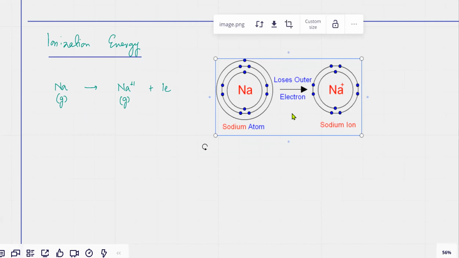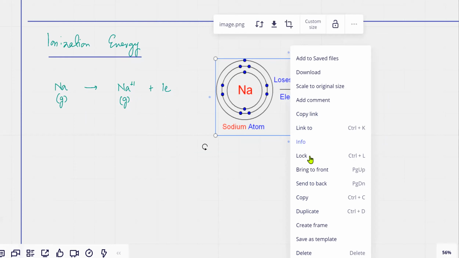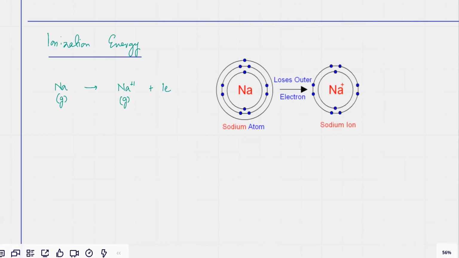I said this is our sodium atom trying to lose one electron. So one electron is lost, and it turns into an ion. And it's a gaseous sodium atom. What gaseous means is that it's an isolated sodium atom, not bonded to anything, not attracted to anything. Whenever you have an atom that's completely isolated, it could be considered gaseous.